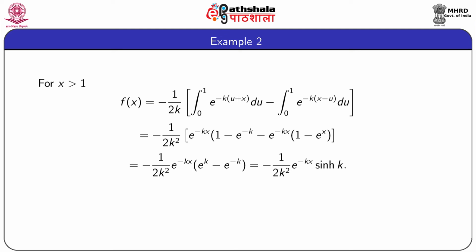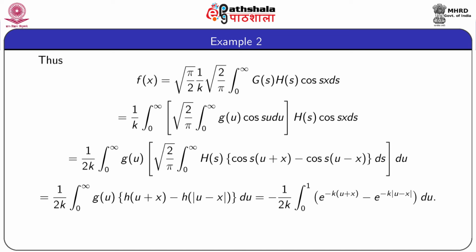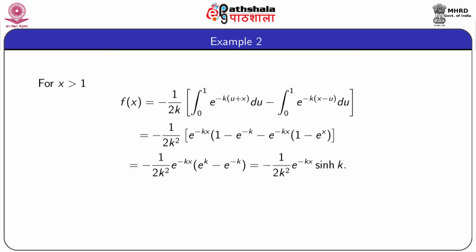Now, for x greater than 1, we write f(x) from here as f(x) equal to minus 1 by 2k integral 0 to 1 e to the power minus k(u plus x) du minus integral 0 to 1 e to the power minus k(x minus u) du. Here x is always greater than u.